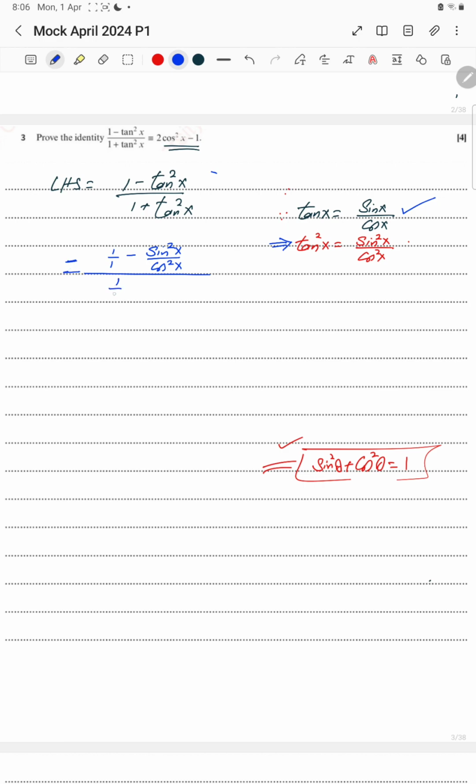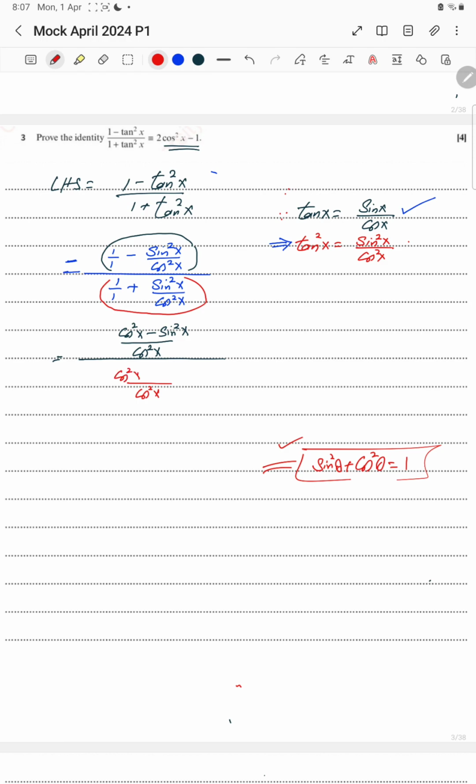1 plus sine square of x over cos square of x. Now take the LCM in the numerator and denominator. LCM becomes cos square of x in the numerator in this portion first. That comes cos square of x minus sine square of x, this whole divided by, now for the second case, LCM will be again cos square of x.